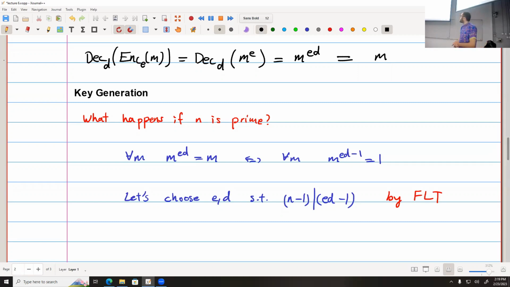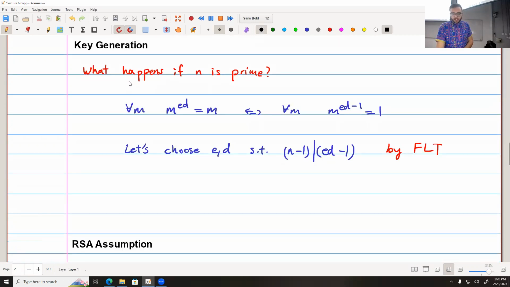Okay, but how do I actually find this? Like, how do I find E and D such that ED minus 1 is a multiple of N minus 1. If ED minus 1 is a multiple of N minus 1, what does that mean?